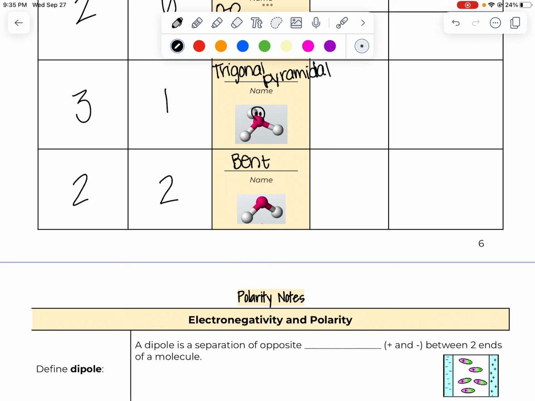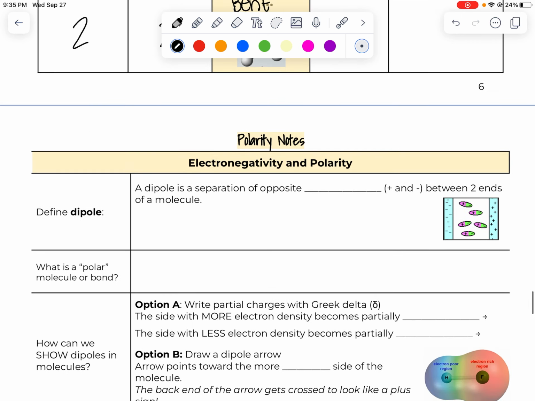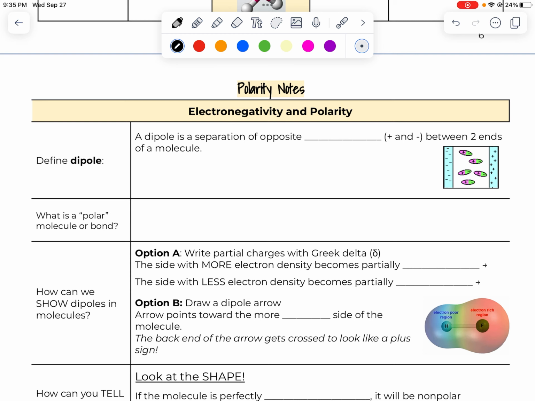In your Gizmo, you did see things that were both ionic and molecular, but really, you can only focus on the polarity of something that is molecular. In order to talk about what polarity is, the first thing we have to do is define what's called a dipole. So what is a dipole? It's a separation of opposite charges, positives and negatives, between 2 ends of a molecule.